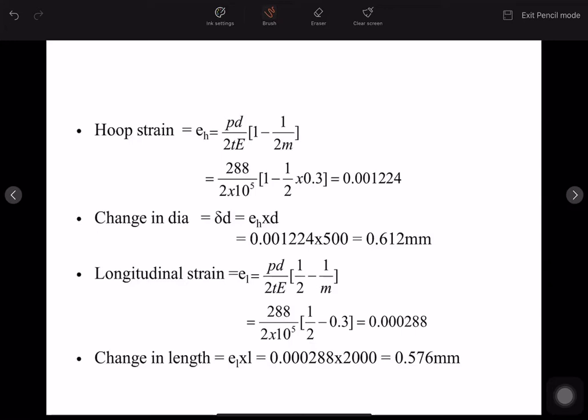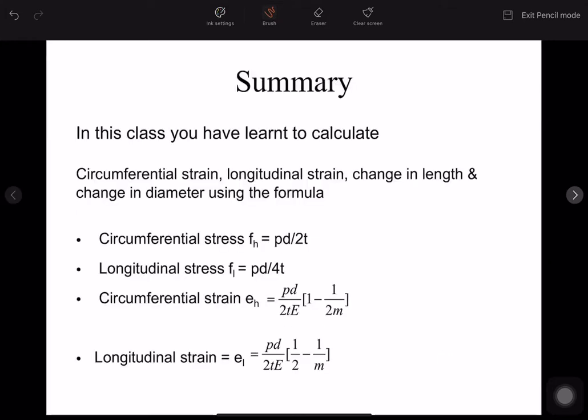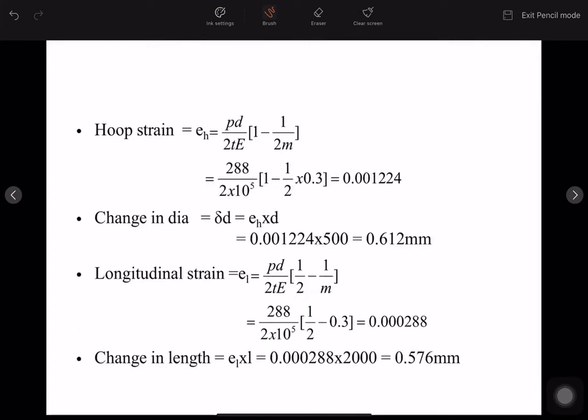Now we need to calculate hoop strain as in the previous problem. Hoop strain epsilon h is equal to PD by 2TE into 1 minus 1 by 2m.